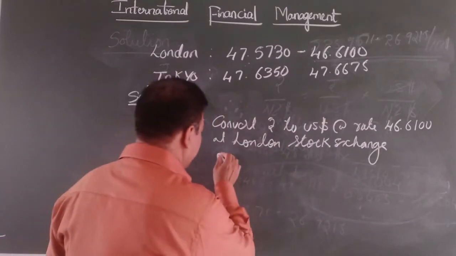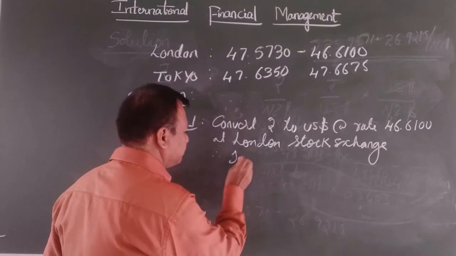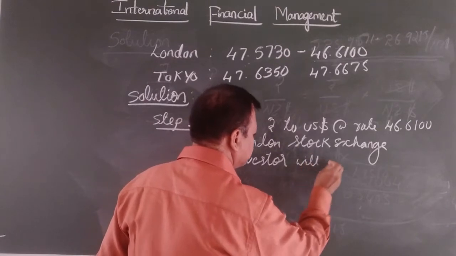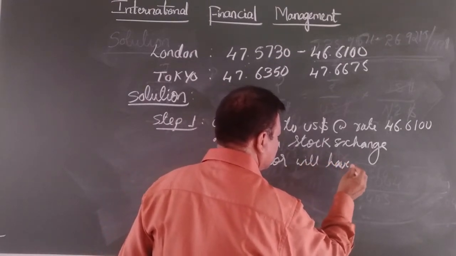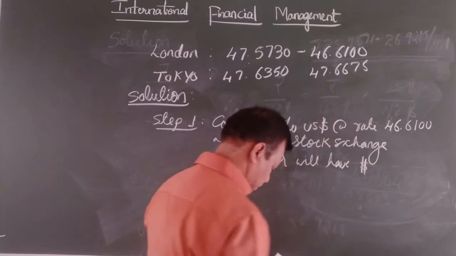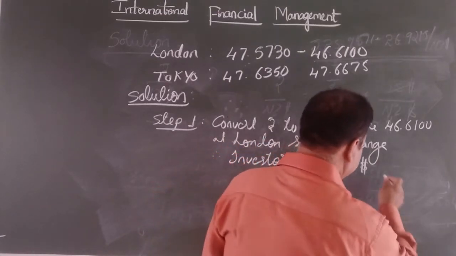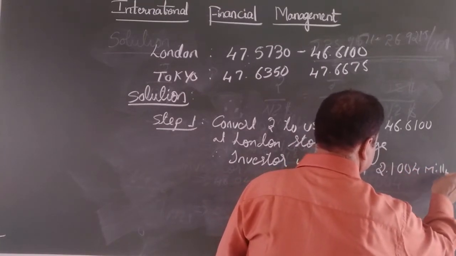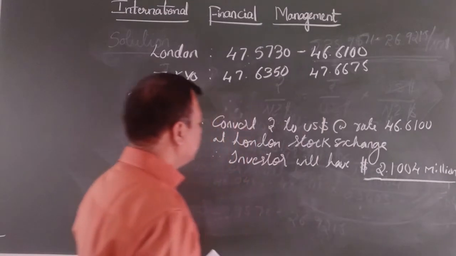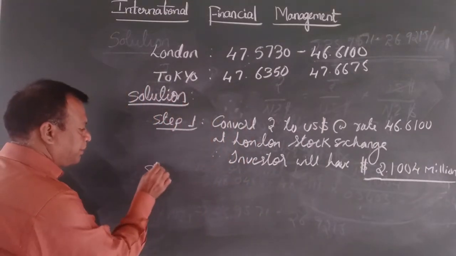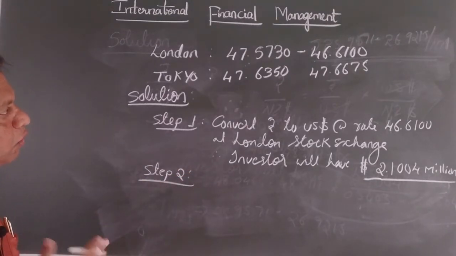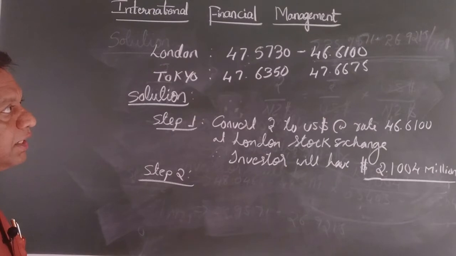So how much will the investor have? The investor will have $2.1004 million. Coming to step 2, the investor has converted rupee into US dollar in London at 46.6100.